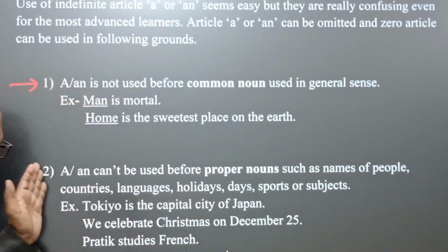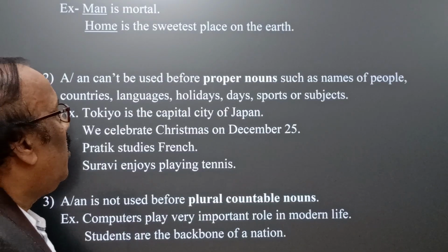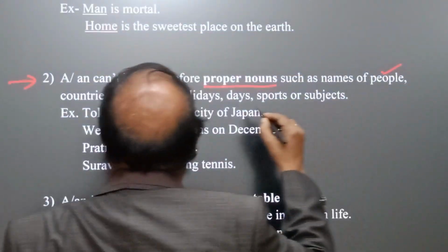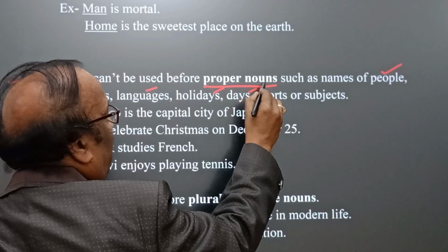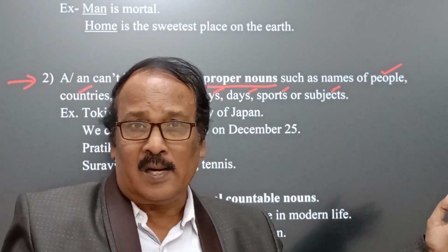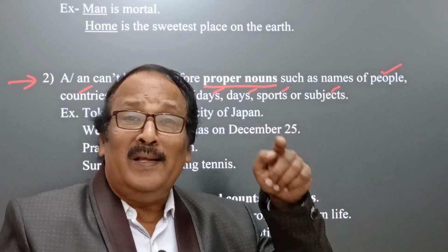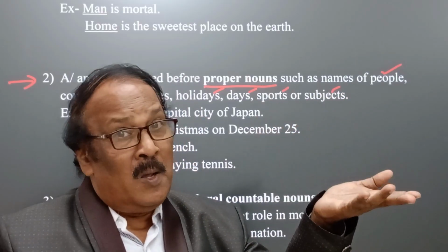Next, number 2: a or an can't be used before proper nouns such as names of people, countries, languages, holidays, days, sports, subjects, etc. These are proper nouns. Whenever we make anything proper or definite at that very moment, that is what we call proper noun.